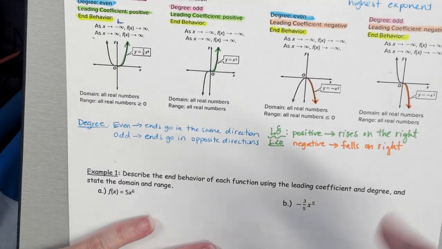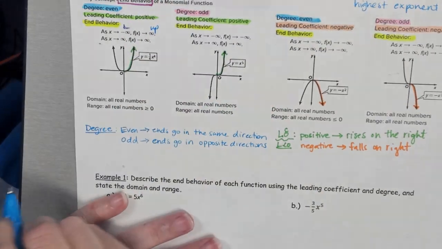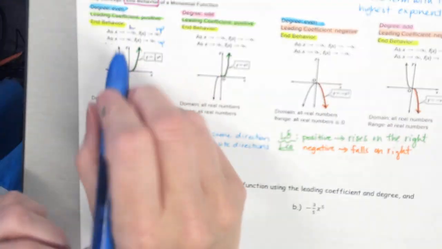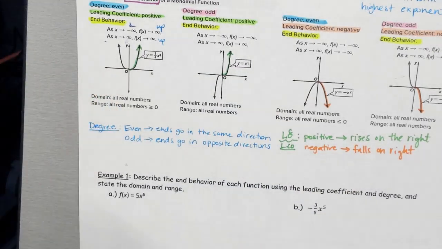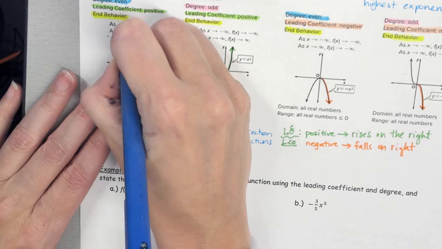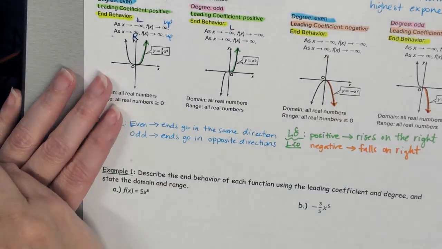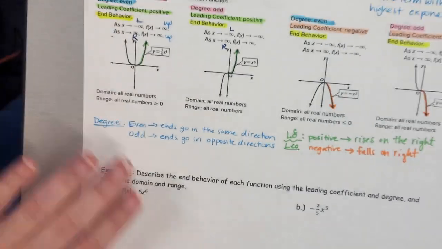If it's going to positive infinity, it means it's going up. And then as x goes to positive infinity, that's going to be on the right side. So every single one of these starts as x goes to negative infinity, and the second one is always as x goes to positive infinity.